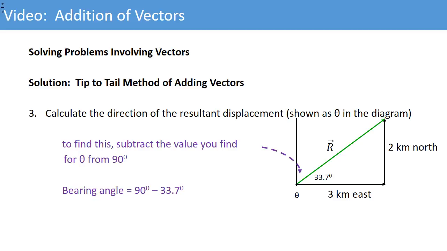So this gives us the bearing angle of 90 degrees minus 33.7 degrees, which is 56.3 degrees. The direction of the resultant displacement is north 56.3 degrees east.